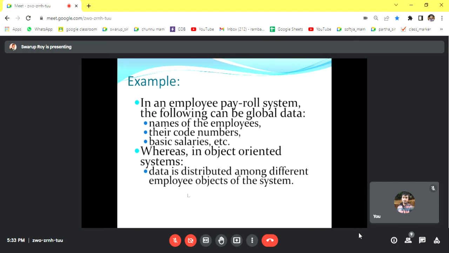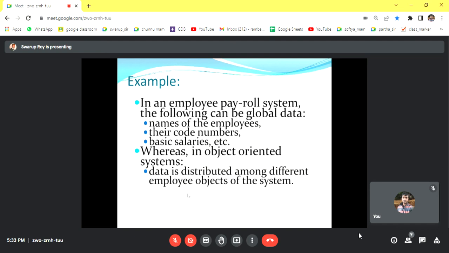Let us take one example: an employee payroll system. What is the global data that is going to be accessed by multiple functions? Name of the employee, their code number, their basic salary.